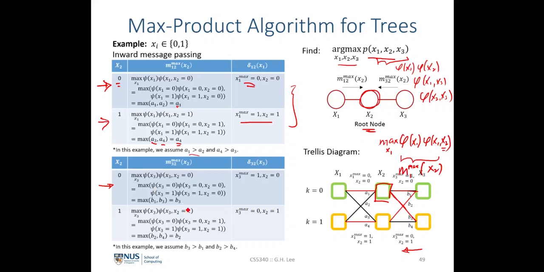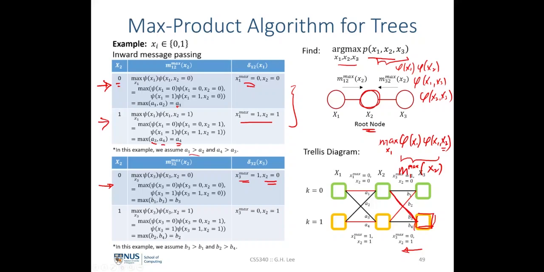Suppose that b3 is the maximal value out of these two terms. What I'm going to do is record this particular path in the maximization step over here. I'm going to say that at the state of x2 equals to 0, the value of x3 that gives rise to the maximal value is equal to 1, which corresponds to this value over here.